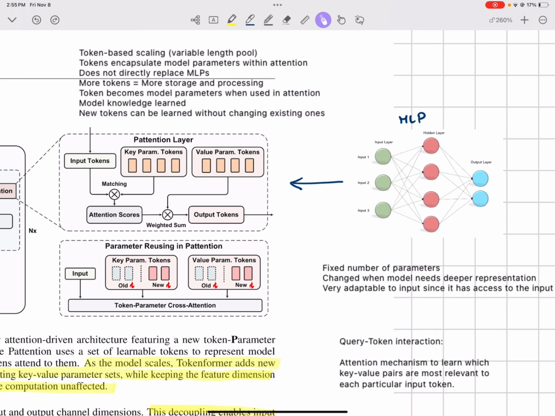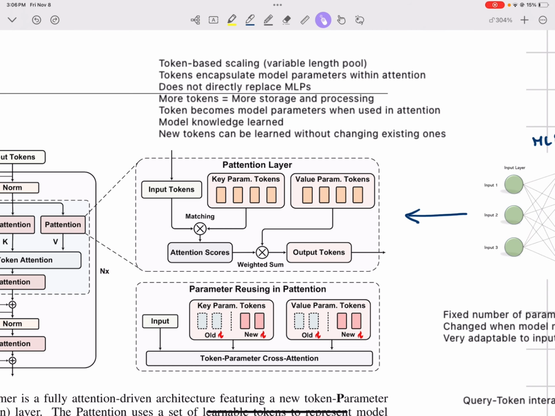The fact that these little tokens here are discretized, and the fact that they can be variable, so more tokens means we can scale the model, can only coexist in an attention mechanism, where you do a cross attention between the input tokens and the key and value parameter tokens. And this is what they mean by tokenized models. This attention mechanism is going to learn which key value pair tokens are most relevant to the input.